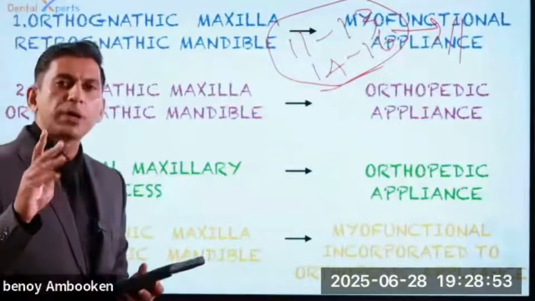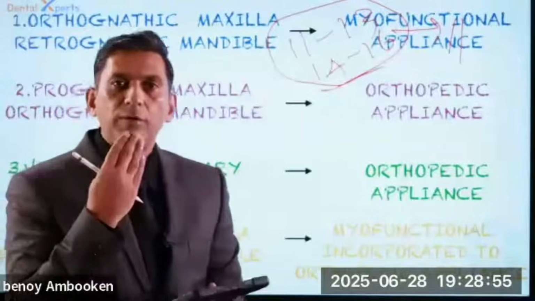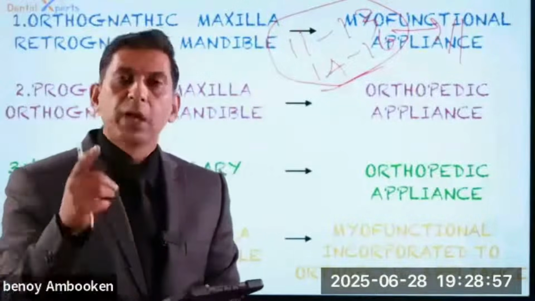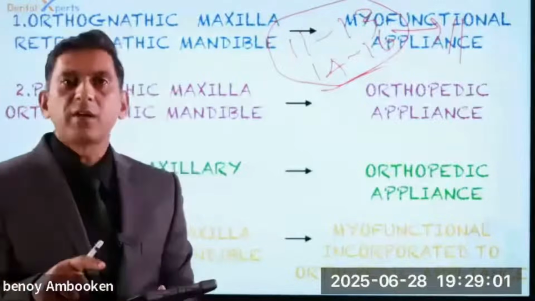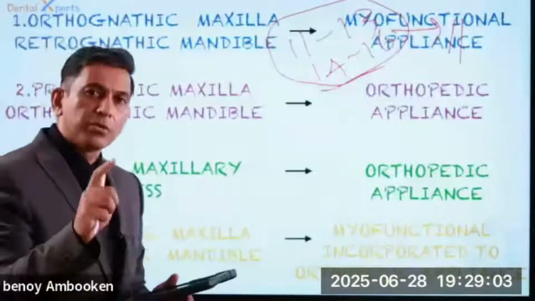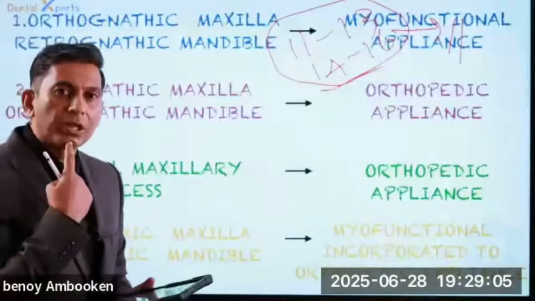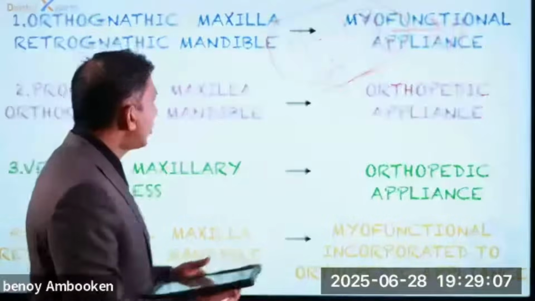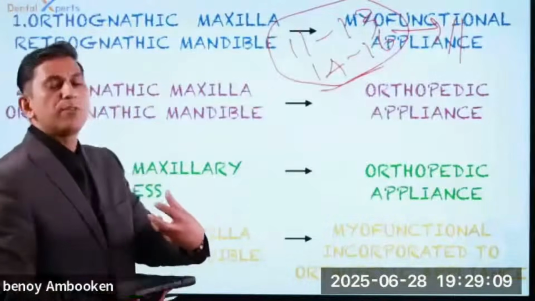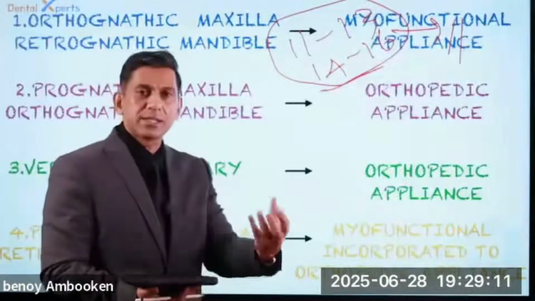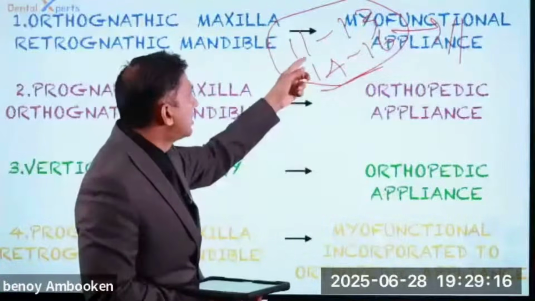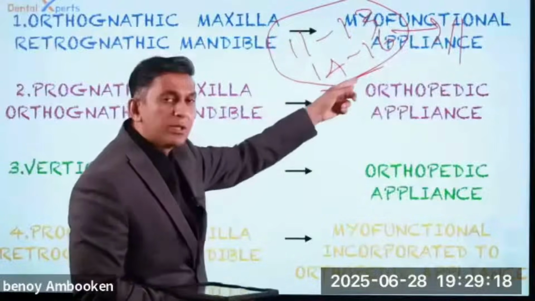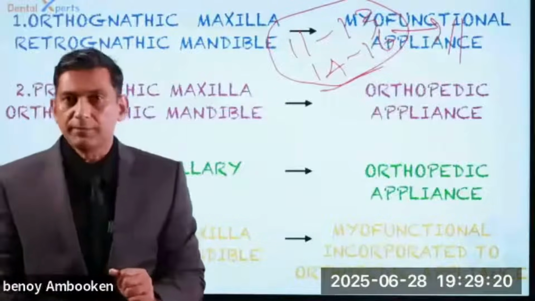So when you come across a skeletal class 2 with retrognathic mandible and you are in doubt, don't hesitate to take a lateral ceph. Once you have taken the lateral ceph and diagnosed a skeletal class 2 with a retrognathic mandible, it is your duty to advance the mandible with the myofunctional appliance during the growth spurt, for girls between 11 to 13, boys between 14 to 16.